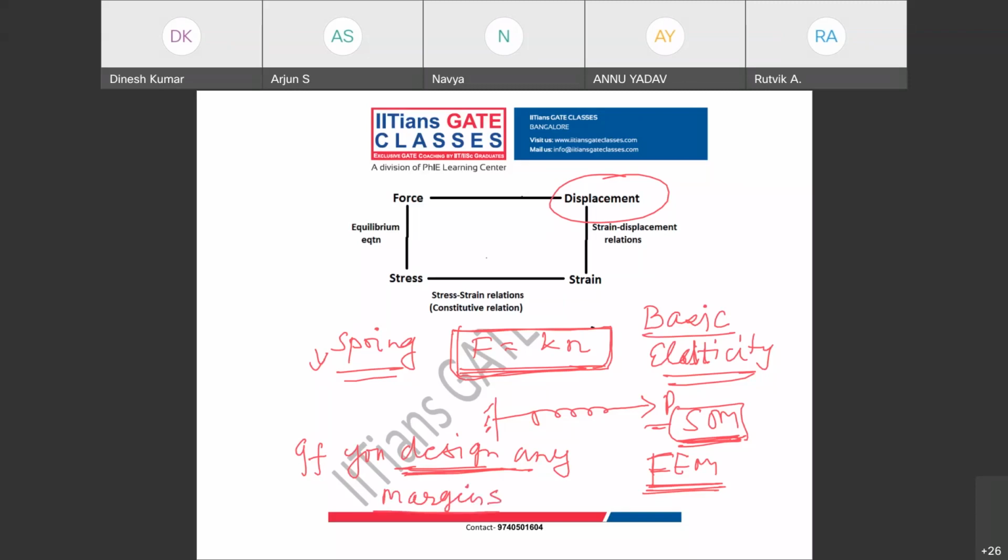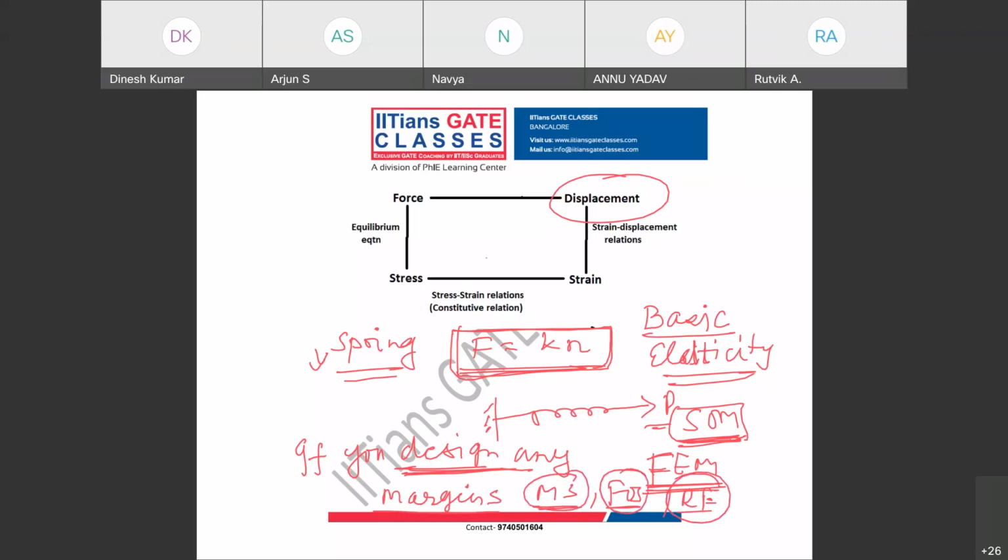Margins, like margin of safety or factor of safety or reserve factor? Yes, factor, sir. So usually what engineers do for any design is ask: what is your margin of safety, what is your factor of safety or reserve factor?